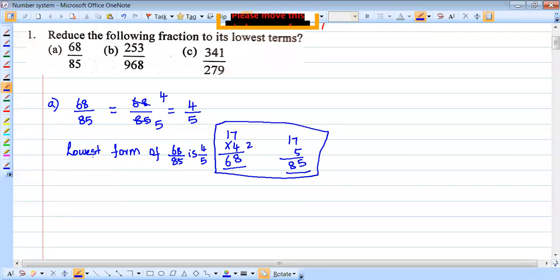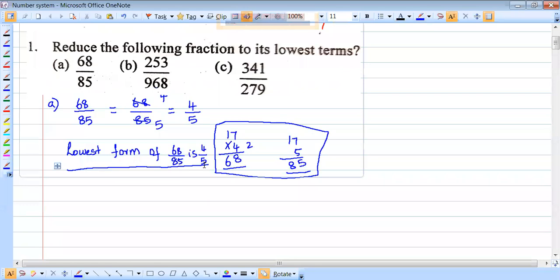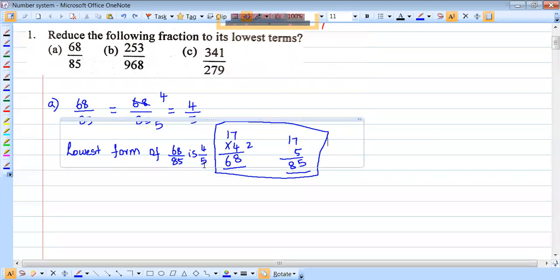Okay. So what is your answer? Lowest form of 68 by 85 is 4 by 5. So similarly, find out the answer for the second one and say.